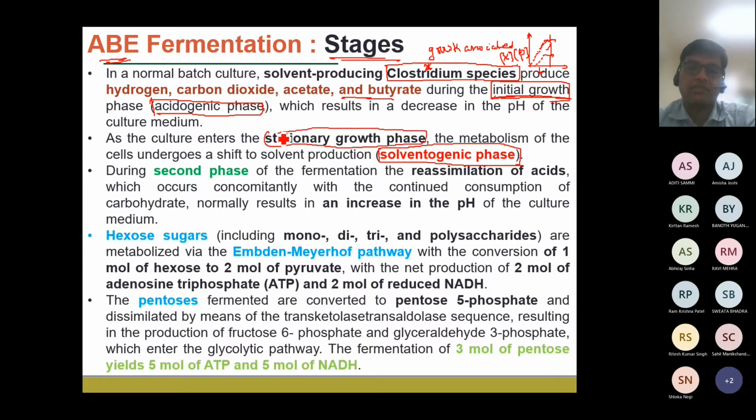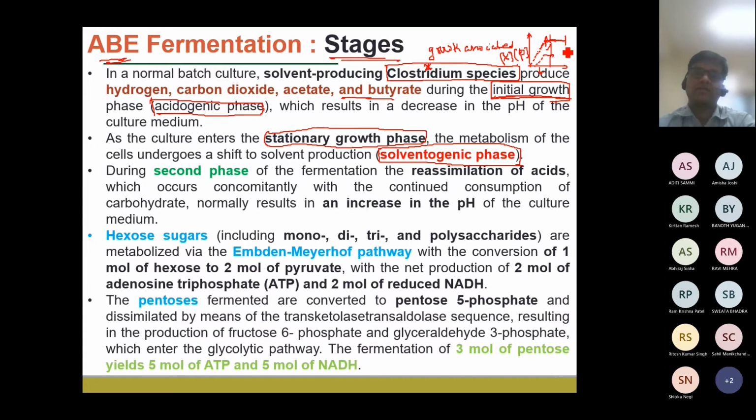So we know what the stationary growth phase is. Once a microorganism has overcome the lag phase and goes to the exponential phase, and it has utilized all the carbon source that is present initially or added to the fermentation process, then it reaches a stationary growth phase. During this phase, it is maintaining a metabolically active state.